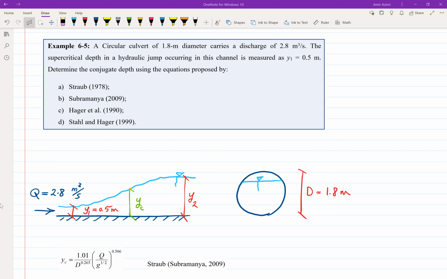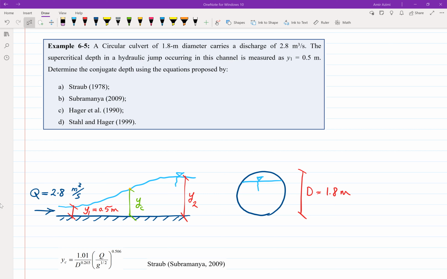It gives you a phi value of 2.58. Then you compare to see whether it's less than 1.7 or larger than 1.7. If it's less than 1.7, we use the simpler equation provided here. And if it's larger than 1.7, then we use the other equation provided here.